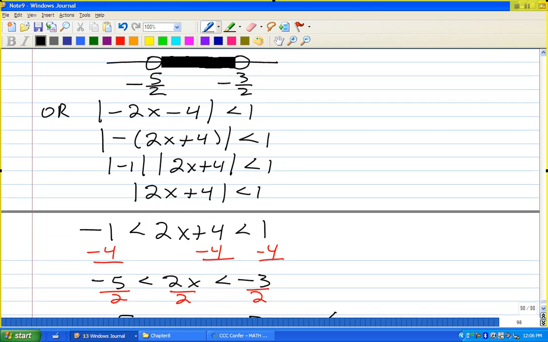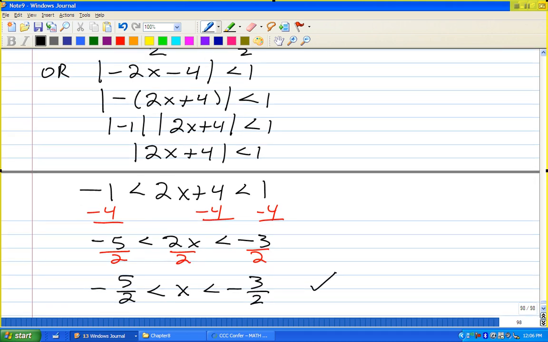So I could actually have gotten rid of all the negatives. But I hesitate to actually do this only because students incorrectly get rid of the negatives. So if you do it correctly, then you're able to do this. But obviously, if you do it incorrectly, then it's wrong.